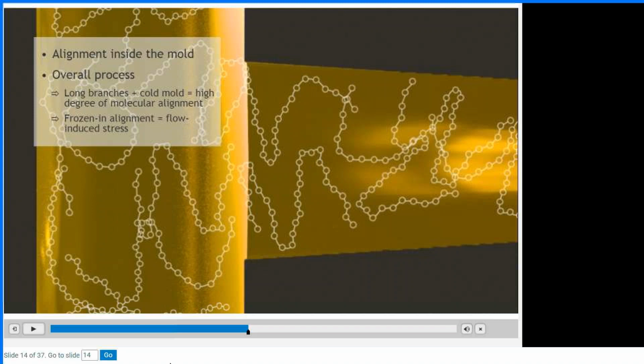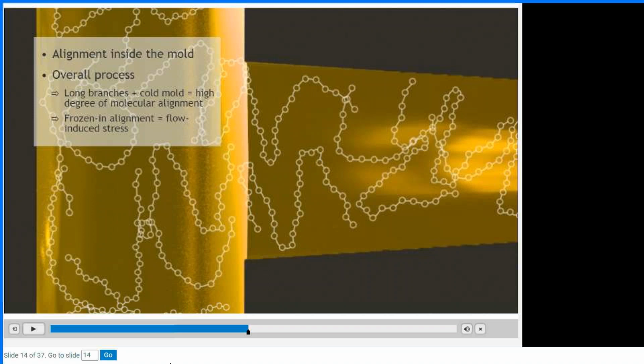What it means is, in the direction of the molecules, you have a different shrinkage behavior than perpendicular to it. And now just add to the complexity, the part is a 3D piece. We are not molding plaques. We are molding very complex designs. So the molecular orientation in the 3D design of a part is very, very complex.